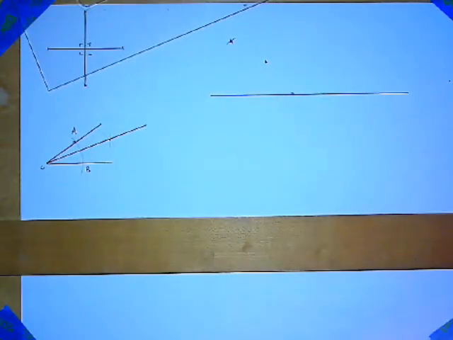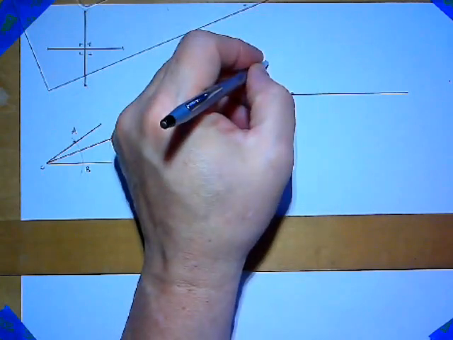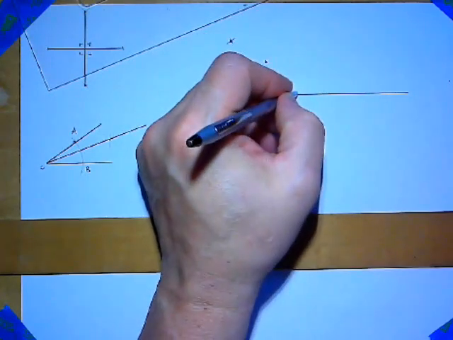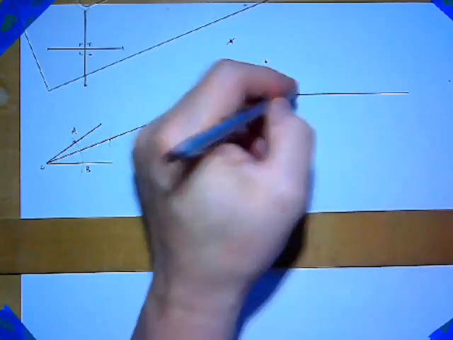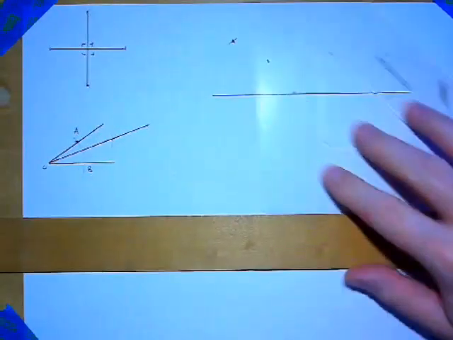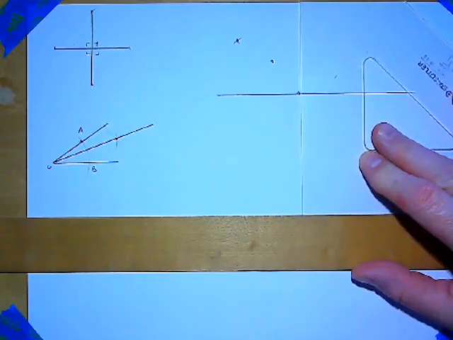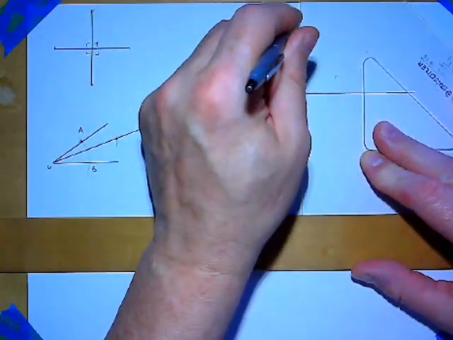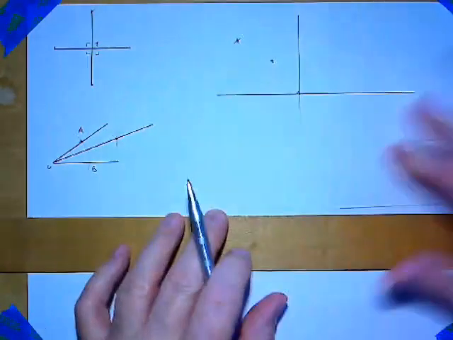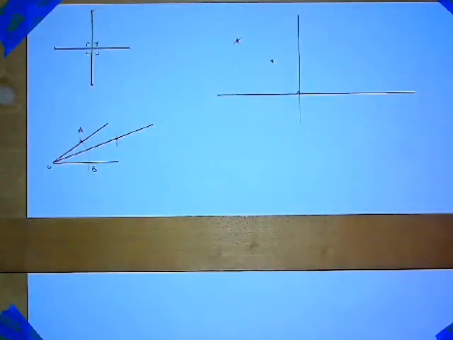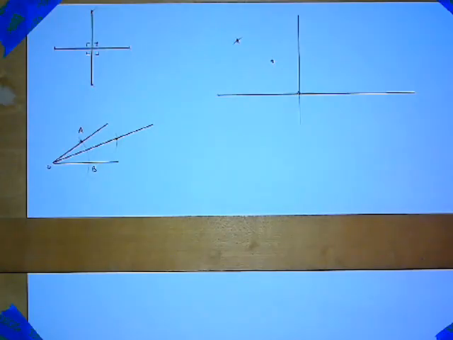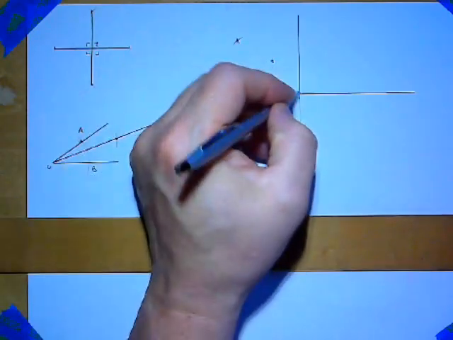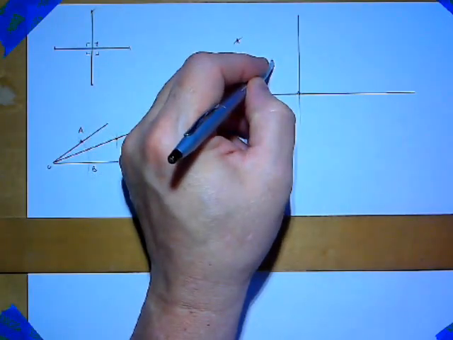So what does that mean? So I'm going to have a circle that goes through this point, and it's going to be tangent to the line here. Well, if it's tangent here, it says the center of the circle is going to go up along this line, like so. Okay, so I know the center of the circle is going to be somewhere along here. All right, so this point is on the circle, that point's on the circle.